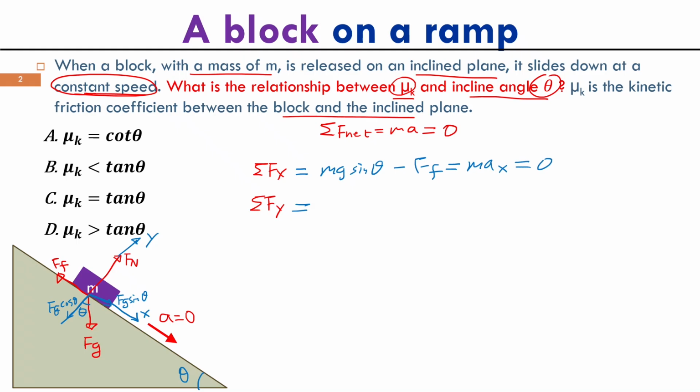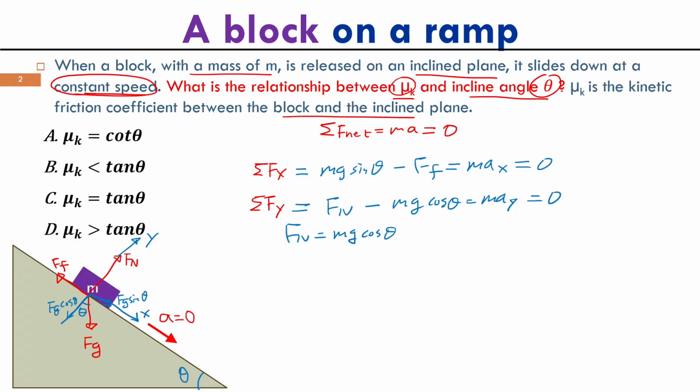Along the y direction, I have the normal force, and I have the perpendicular component of gravity, which is mg cosine theta. So normal force minus mg cosine theta equals mass times acceleration, which equals 0 too. In this case, I can find my normal force right away. My normal force equals mg cosine theta.